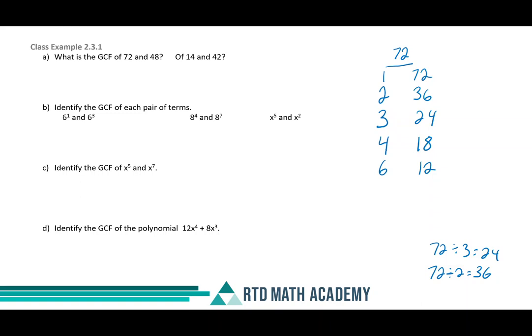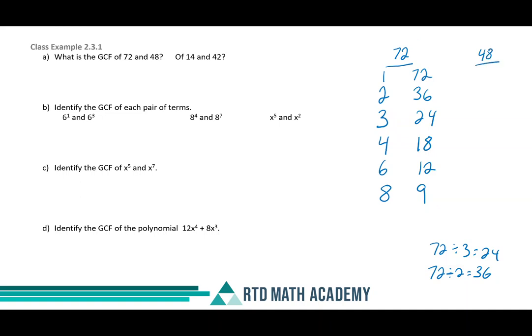I could try 7, but I know that's not going to work because 7 times 10 is 70. I could try 8, 72 divided by 8, and I get 8 and 9. Luckily we are at the end of our list, because if I went in sequential order on the left-hand side, my next number would be 9, and it's already on my right-hand side. So now I've got all the factors of 72.